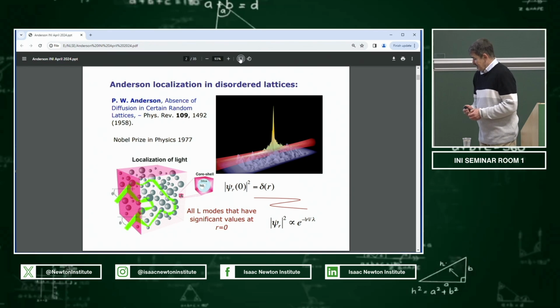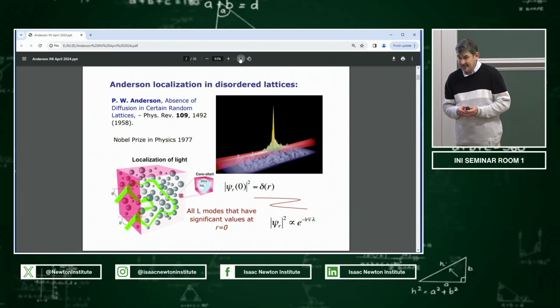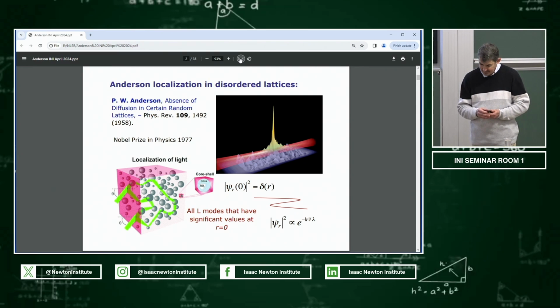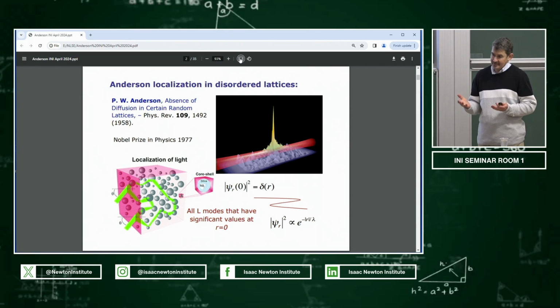This result is well established in 1D lattices, and it's the same in 2D. For 3D lattices, the situation is more intricate, in the sense that there is a stronger condition on the degree of disorder. However, if the disorder goes above a certain critical strength in 3D, you still get a localized state.